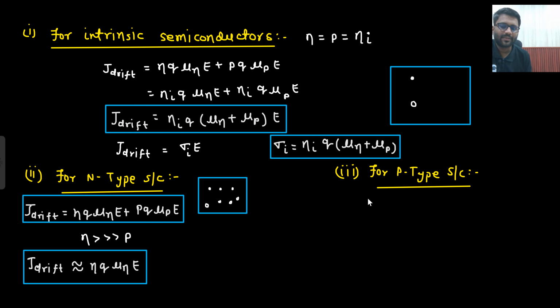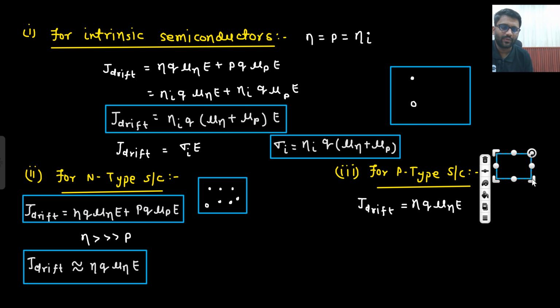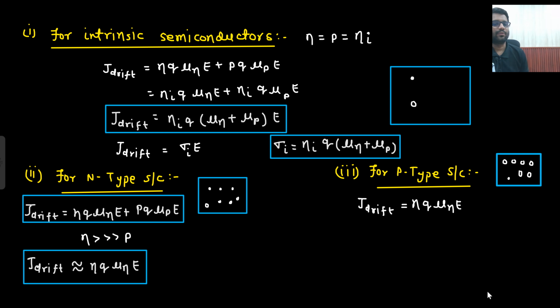Okay. For P-type semiconductor, the full formula will be the same, N Q mu N into E plus P Q mu P into E. Let's make the P-type semiconductor, where everywhere holes will be there, but minority electrons will also be there.